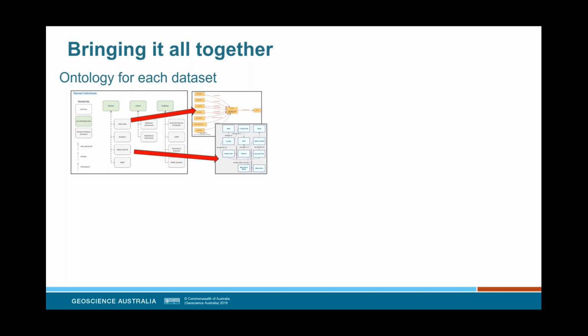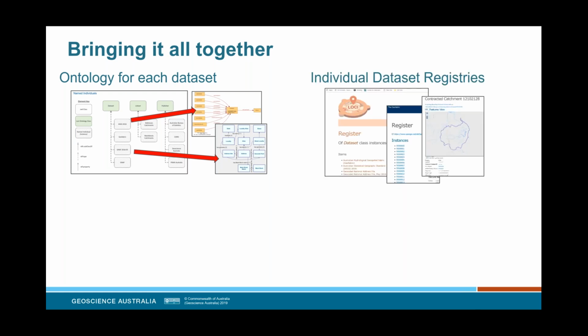But at the back end, we want to be able to manage the authoritative data sets and their relationships in a far more flexible way than we would otherwise be able to do if we just statically did it. So like I said, we've got multiple individual data registries and data repositories.